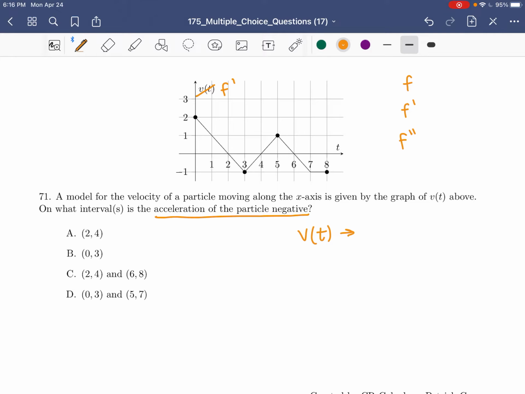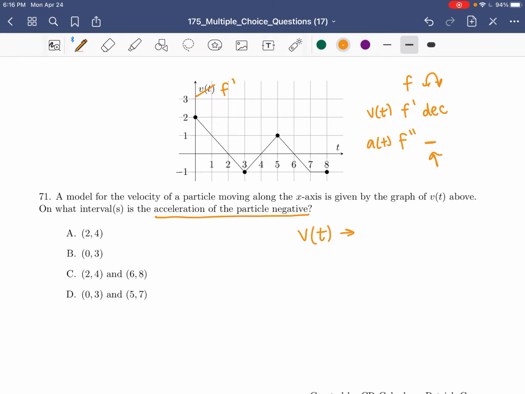So we're trying to figure out when the acceleration is negative. So that's really like our second derivative. Well, we know that means f prime is decreasing. And we know that's when f is concave down, which doesn't really mean much to us with PV. But this is like my acceleration. This is my velocity.